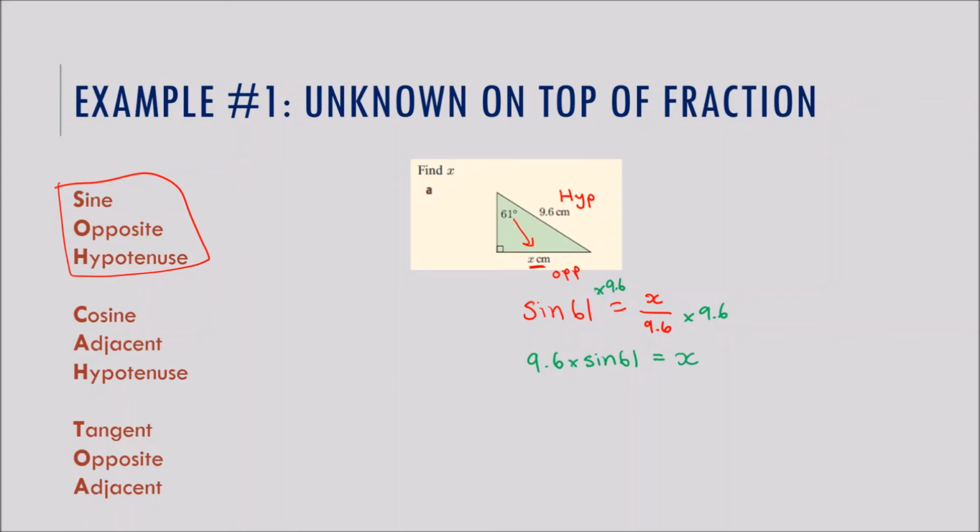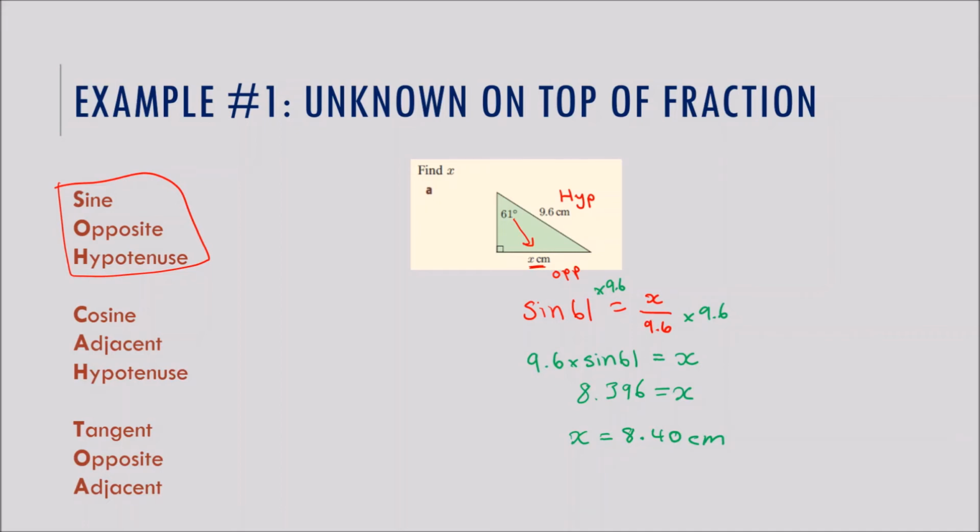And if I put that in the calculator, I'd go 9.6 times by sine of 61, and that is going to be 8.396 is equal to x. Or x is equal to, if we were doing two decimal places, 8.40 centimeters. And that would be how you would solve it. So if I had an unknown on my top, I times my sine value by the bottom of my fraction.